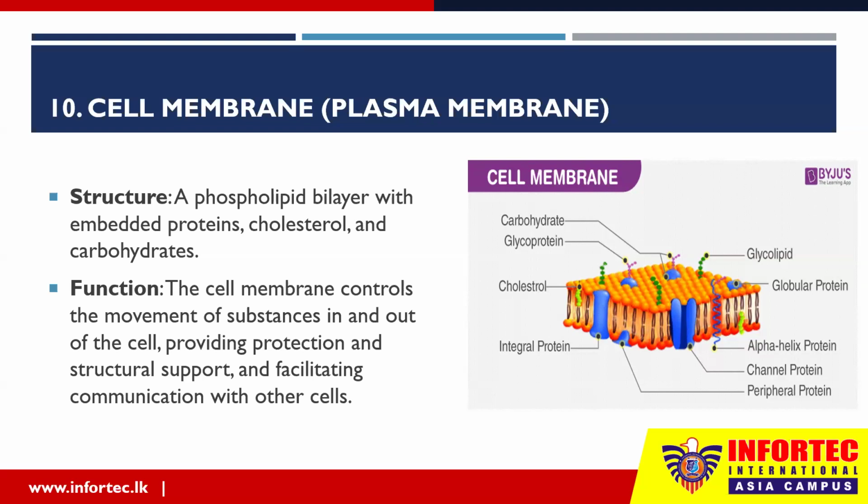The main function of the proteins is controlling the things going inside and outside of the cell. The other feature is carbohydrates. If carbohydrate is connected to proteins, we call it a glycoprotein; if connected to lipid, a glycolipid, because they are responsible for cell signaling. Those are the main structures of the cell, and the cellular organelles are in there.